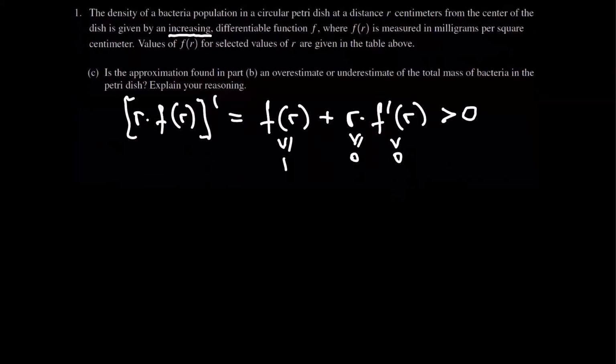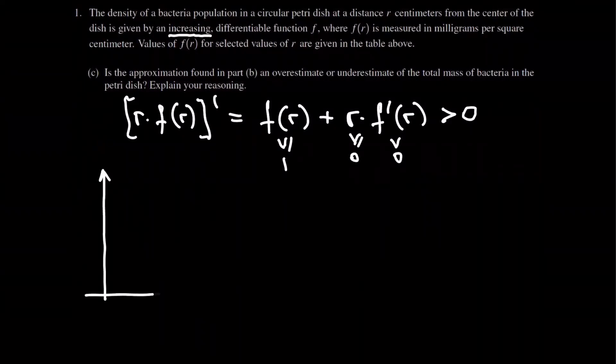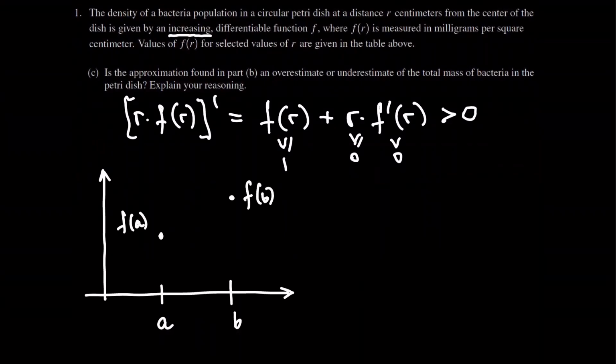So as a result, let's just draw a little graph here again. We have for each one of those rectangles, let's say this is point A, this is point B, and then this is f of A, and this is f of B, which is not the same f of r. It's actually, in our case, r times f of r. And this function here is increasing.